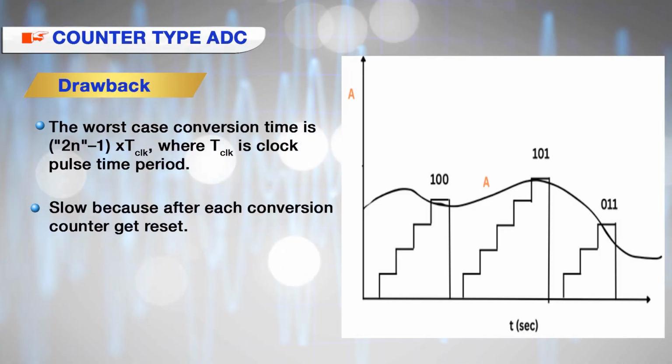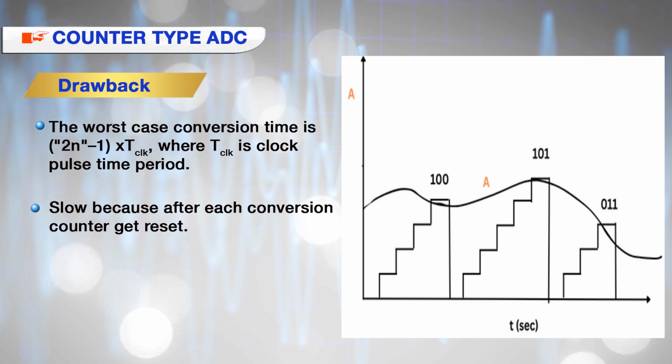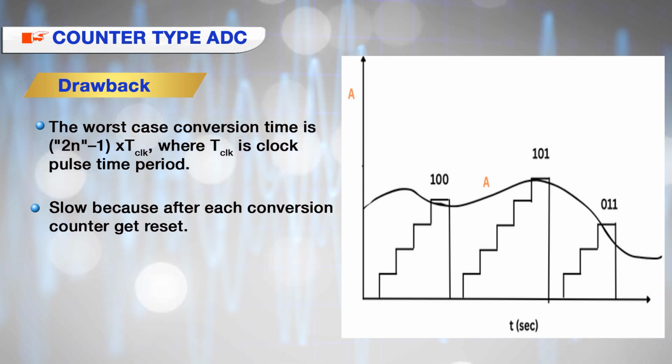Now the main drawback of counter type ADC is that in the worst case for n bit conversion, the counter has to count 2 to the power n minus 1 times. So the number of clock pulses required can be as large as 2 to the power n minus 1 and the worst case time required for conversion is T clock into 2 to the power n minus 1, where T clock is the clock pulse time period.